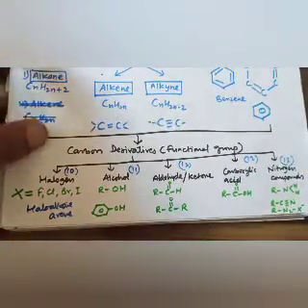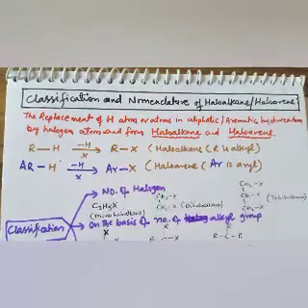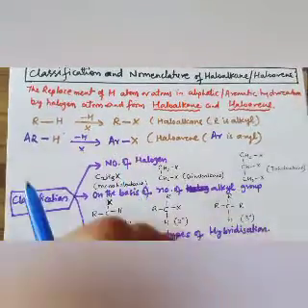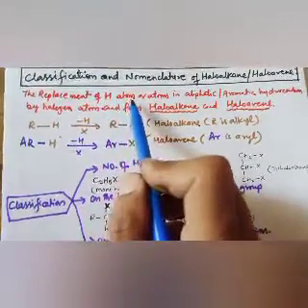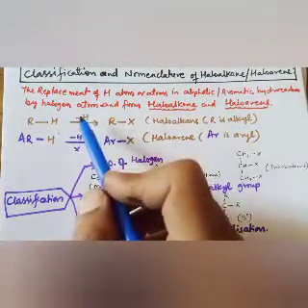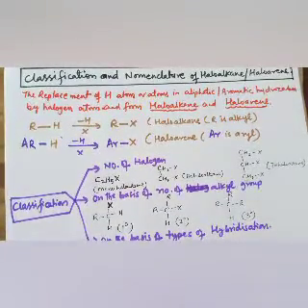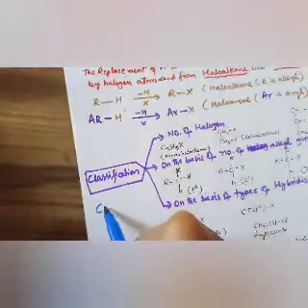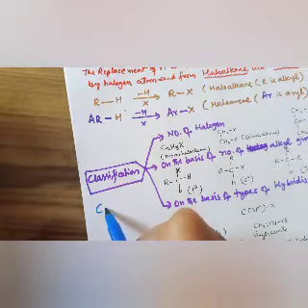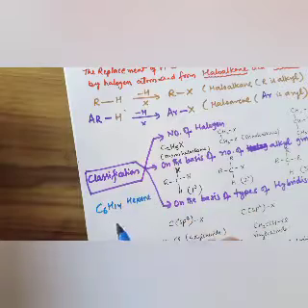Okay, so let's start the next topic, classification and nomenclature of haloalkane and haloarene. Haloalkane and haloarene are formed by the replacement of H atom or atoms in an aliphatic or aromatic hydrocarbon by halogen atoms. Dear students, we studied last year that C6H14 is hexane.